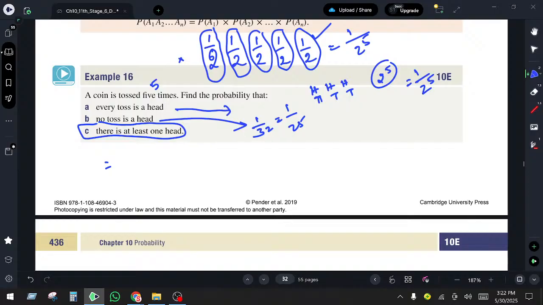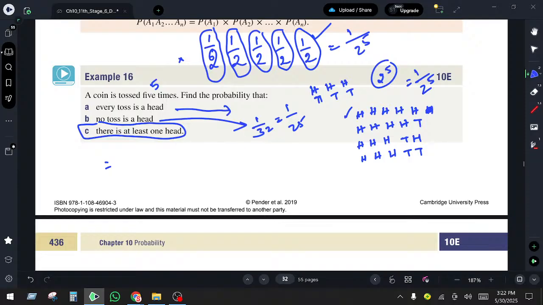See, what is the probability? Actually, the total is 32. Can I write? Head, head, head, head, head. This is first. Next, head, head, head, head, tail. This is second. Next, head, head, head, tail, head, and then head, head, head, tail, tail.